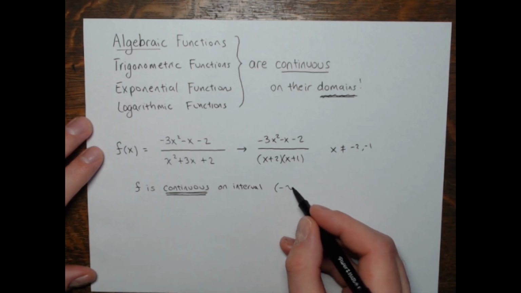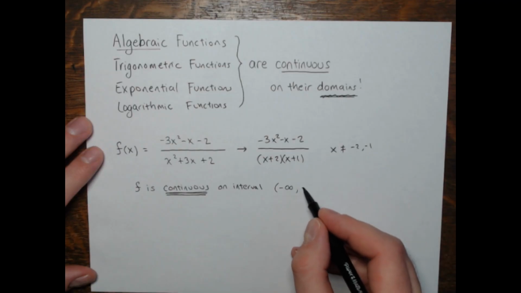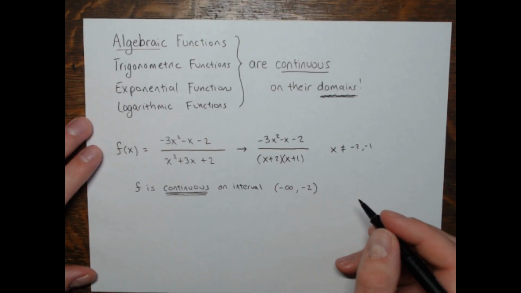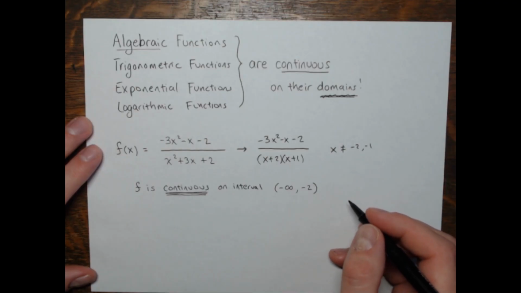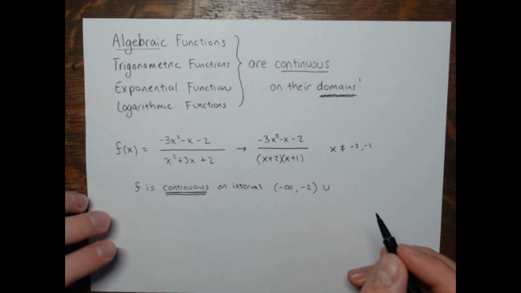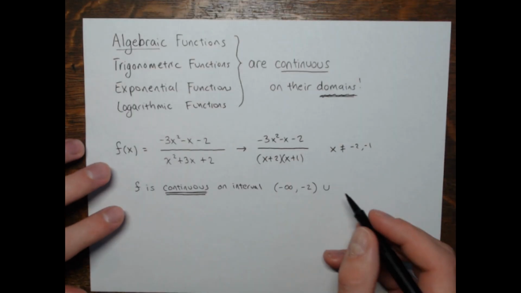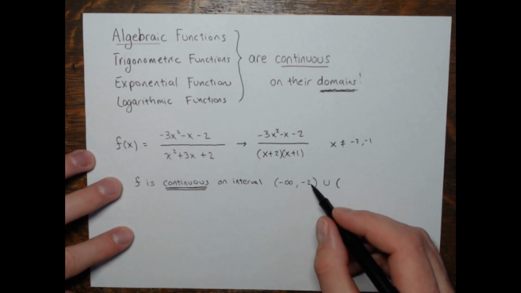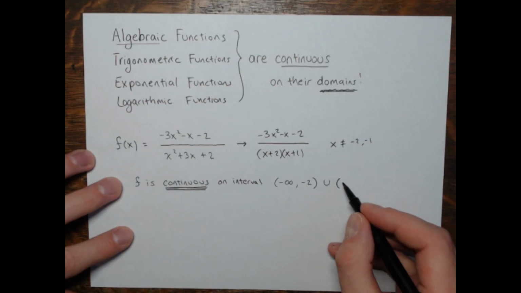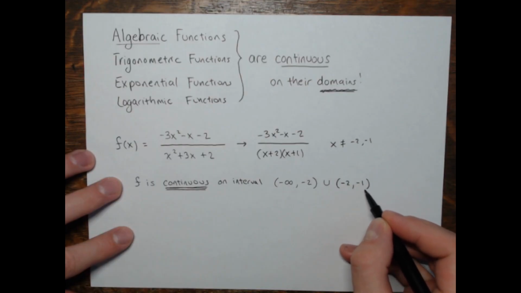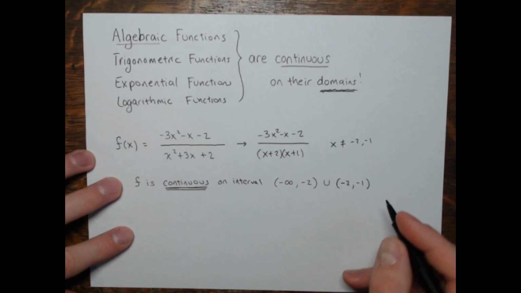So that's from negative infinity up to -2, but then you have a discontinuity at -2, so parentheses there. It says if there are multiple intervals in the problem, separate them with the union symbol or a comma. I think a comma would be faster. Then from -2 to -1, but again not -1, so parentheses there.